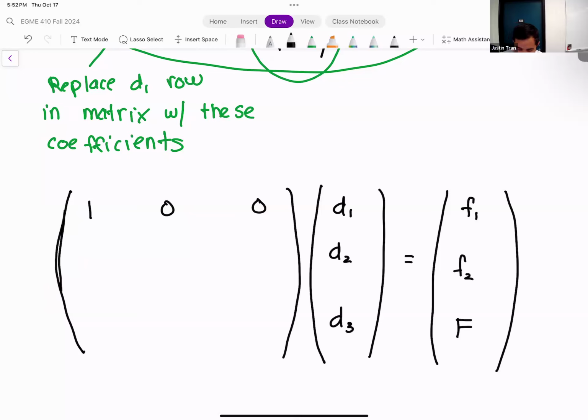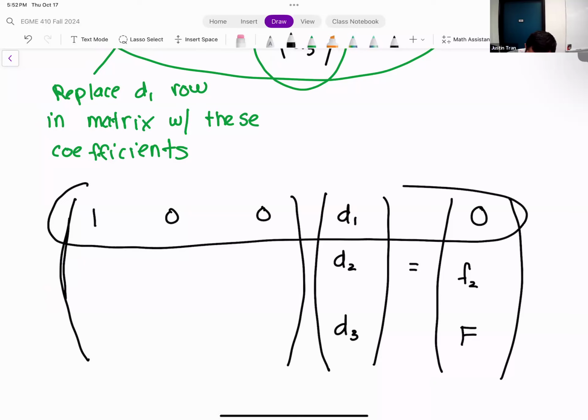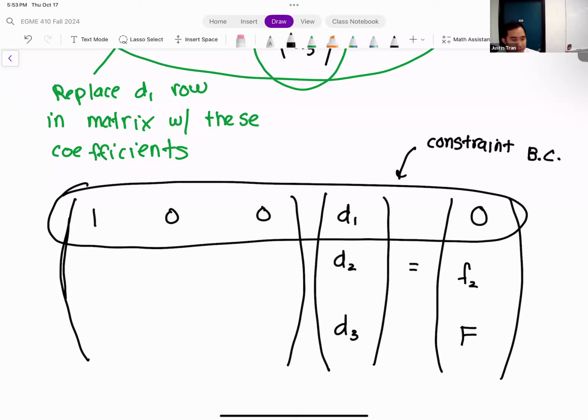And on the right-hand side, instead of little f1, we replace that with a 0. So this right here is our constraint boundary condition. Our constraint boundary condition replaced the entire first row of that matrix. Everything else in the matrix stays the same.